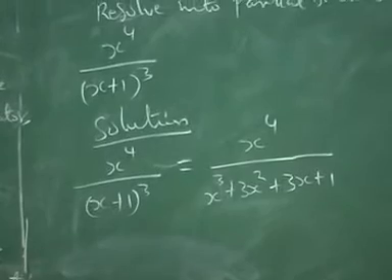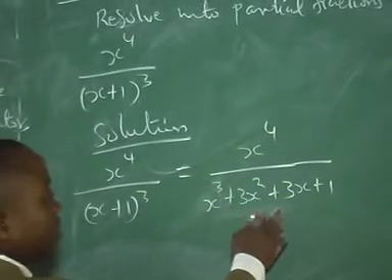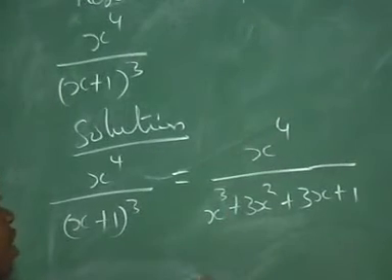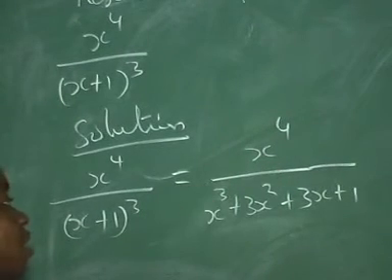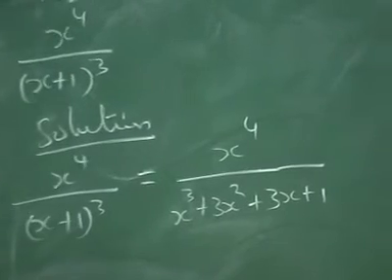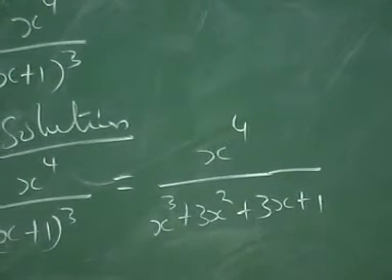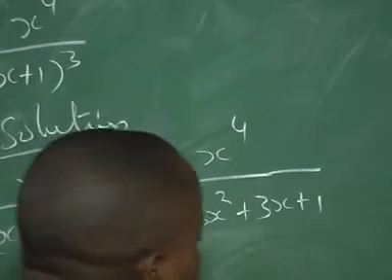So, we still see that the degree of the variable in the numerator is higher than the degree of the variable in the denominator. So we can use long division method to divide it.